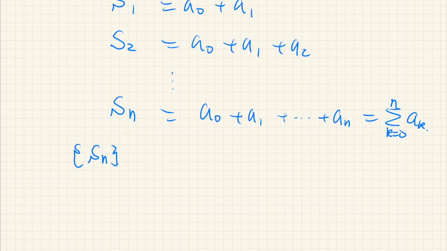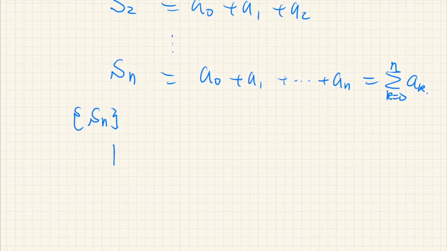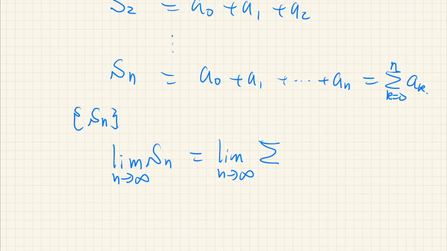And if we take the limit of this sequence, that is the limit of S_n as n goes to infinity, then formally we can write it like this: the limit of the sum k from 0 to n of a_k. So if this converges, then we write it as the sum k from 0 to infinity of a_k.